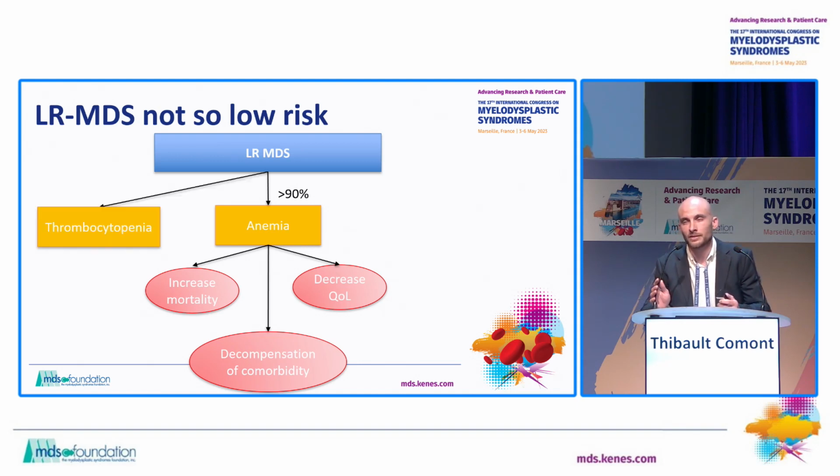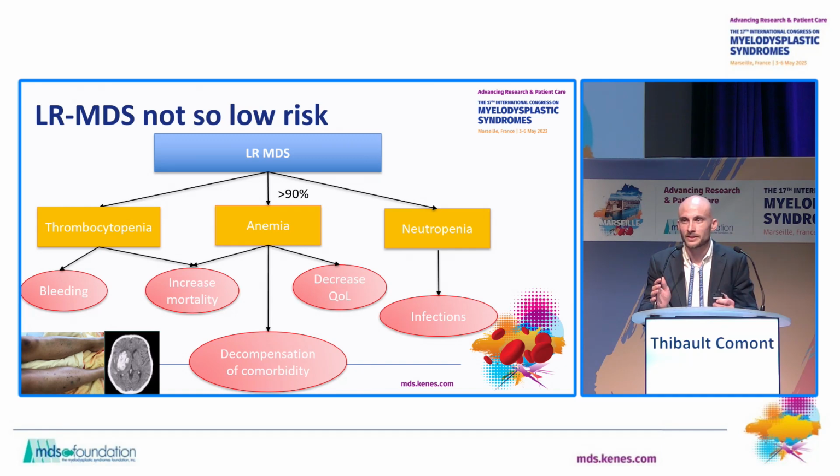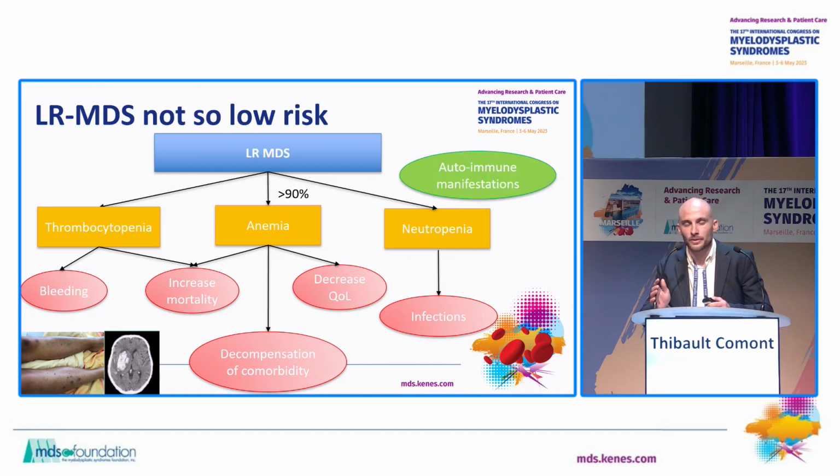These patients can also present with thrombocytopenia, and therefore severe bleeding. Also neutropenia, and may develop severe bacterial infections, but also invasive fungal infection. And finally, we know that low-risk MDS are associated with autoimmune manifestations.